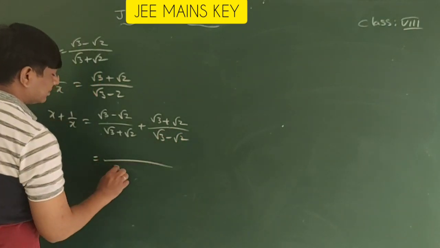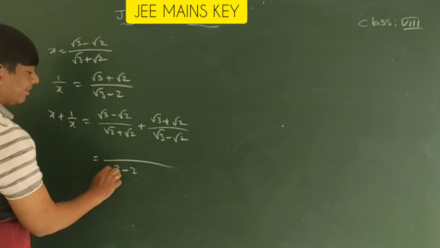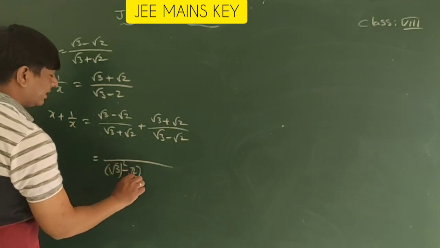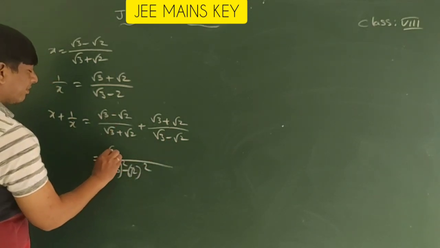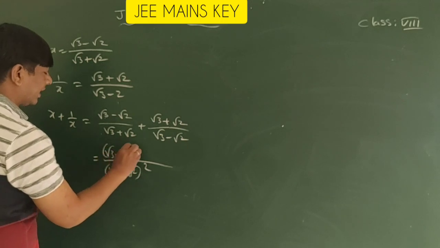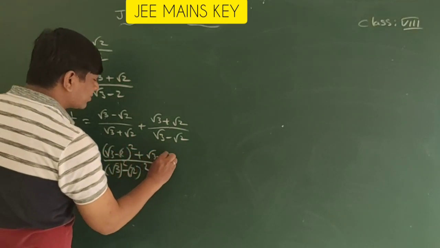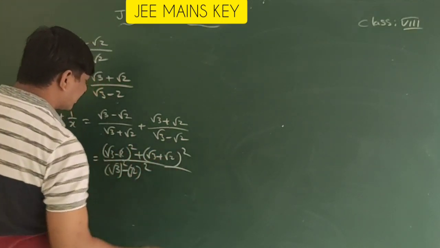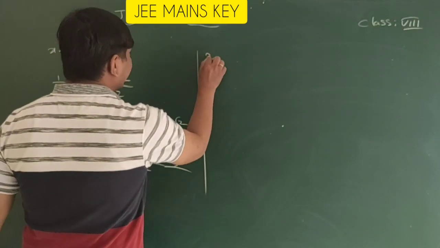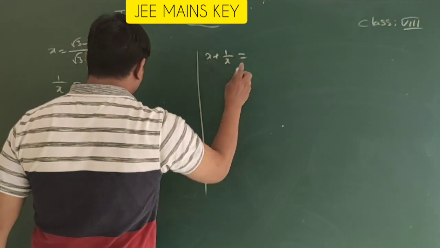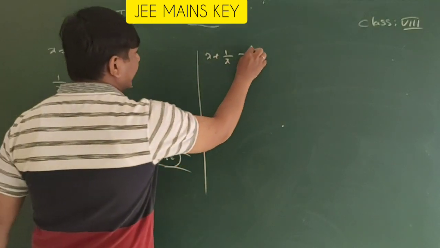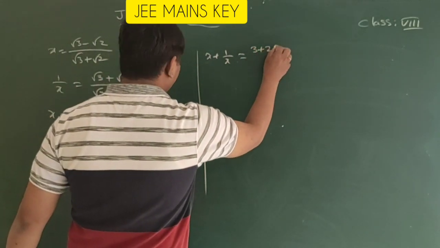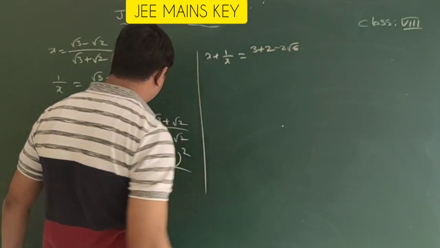Take the LCM. 3 minus 2, a plus b into a minus b, a square minus b square. Root 3 minus root 2 whole square plus root 3 plus root 2 whole square. Now a minus b whole square is a square plus b square minus 2ab.